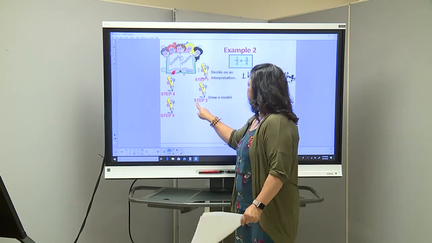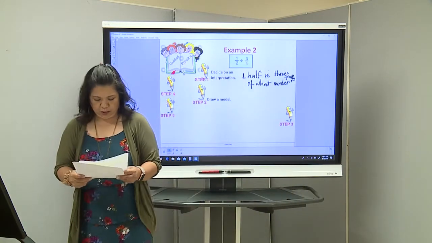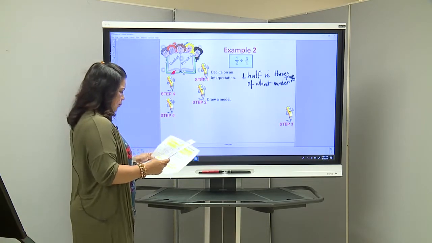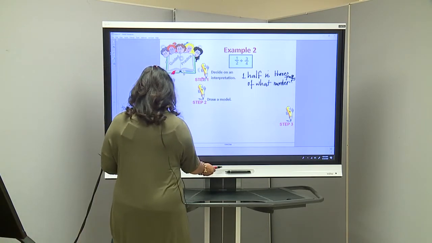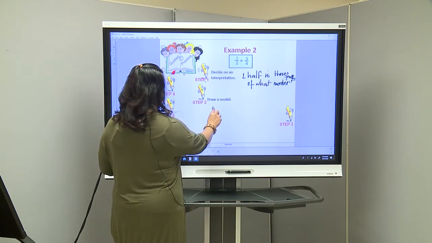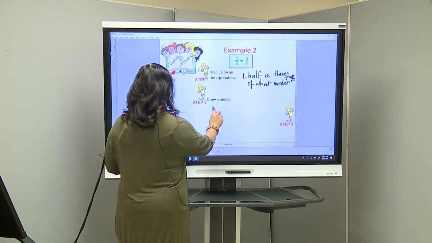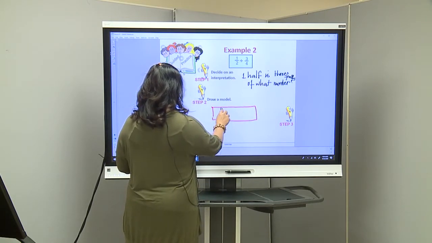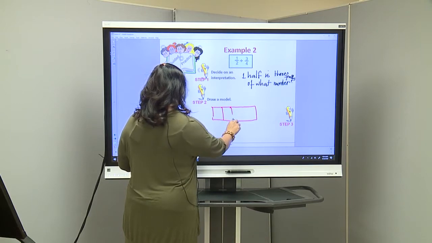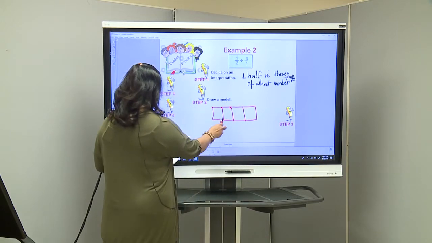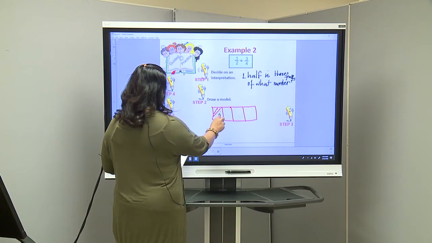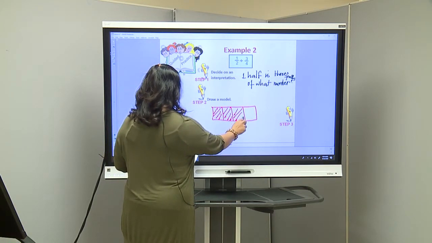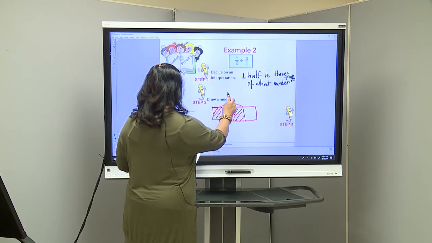So step 2, we are going to draw a model. Let's use a tape diagram one more time. Okay, so I'm going to start with 4 parts. 1, 2, 3, 4. And what did it say? That 3/4 represents 1/2.